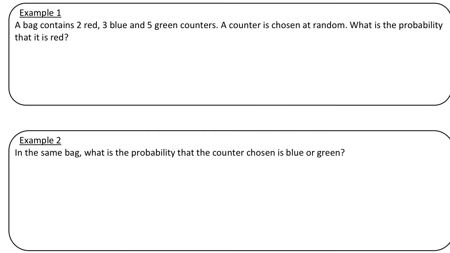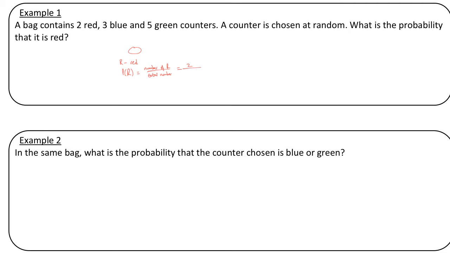Example 1: a bag contains 2 red, 3 blue and 5 green counters. A counter is chosen at random. What is the probability that it's red? If R represents red, what we're looking for is the probability of R, and that's going to equal the number of R divided by the total number. The number of red counters, we can see, is 2, and we're dividing by the total number.